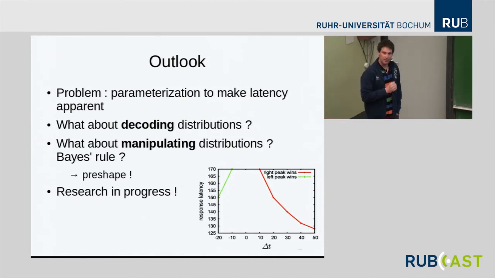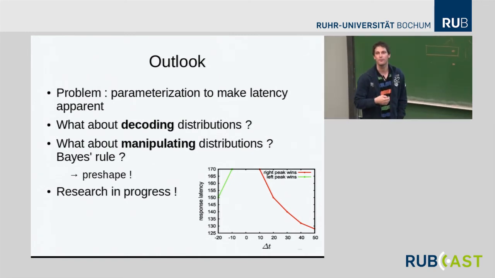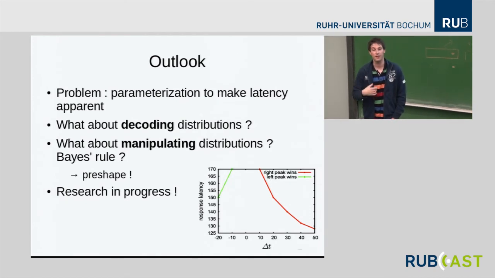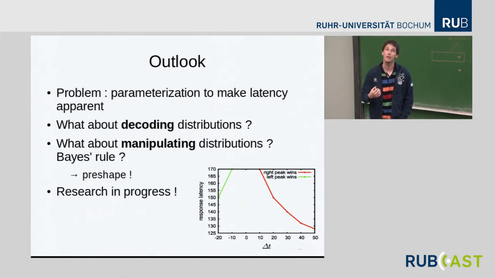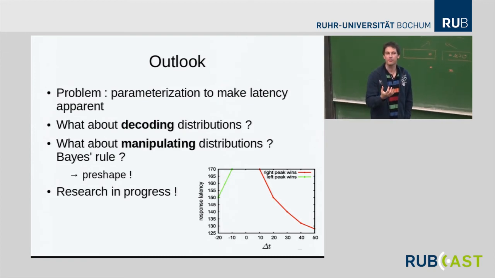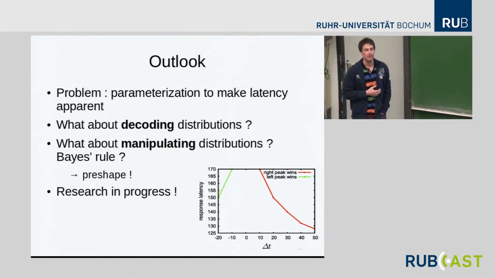And the last thing I want to mention is I have now talked about the basics, so how to represent distributions. I did not talk at all about how to manipulate them. So how to combine two distributions, for example. And here, actually, I think the idea of pre-shape is a crucial one.